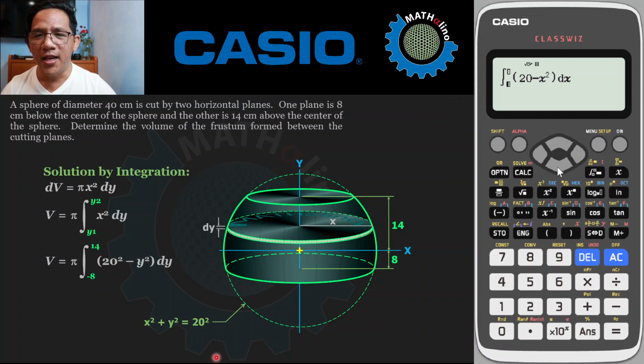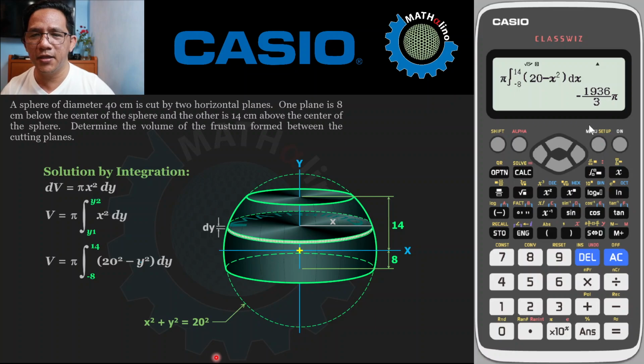Limits from negative 8 to positive 14. Let us put pi with shift pi.